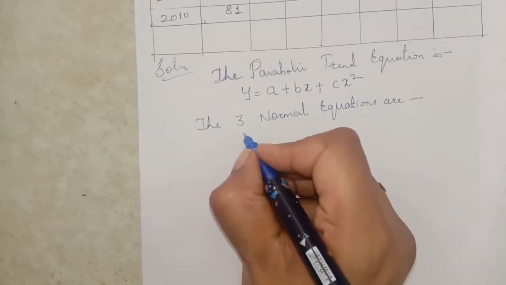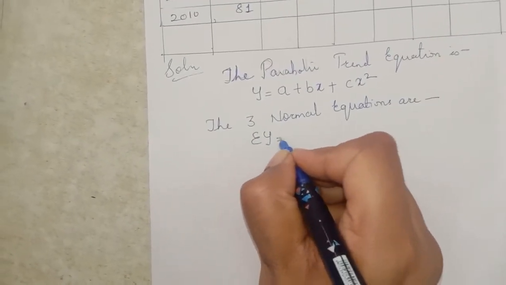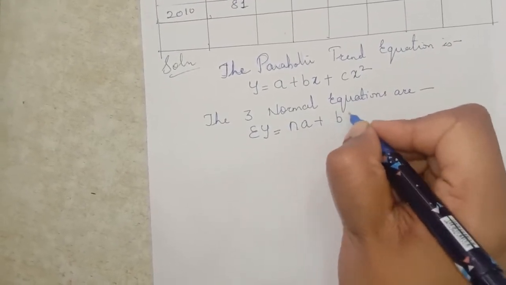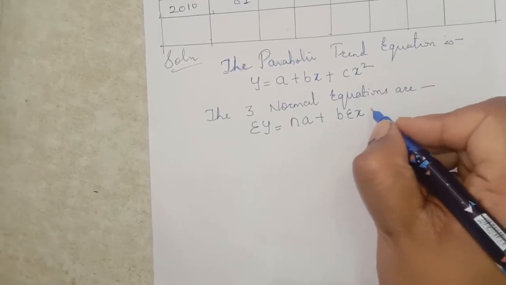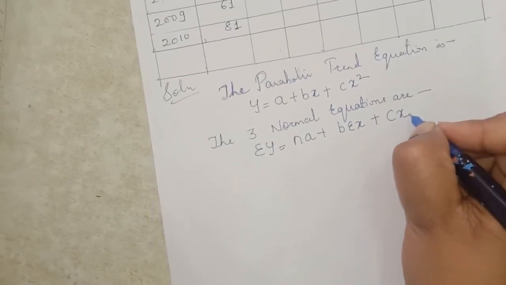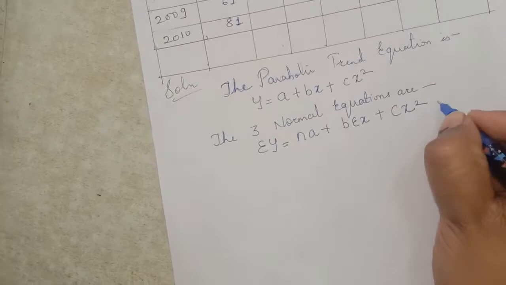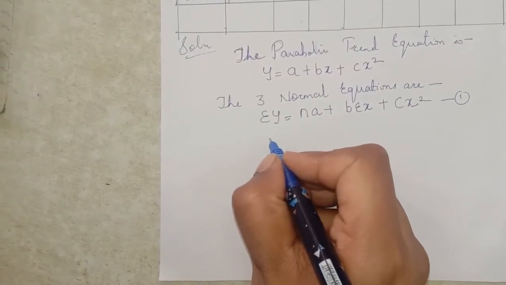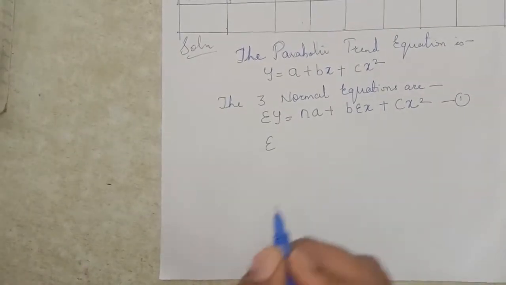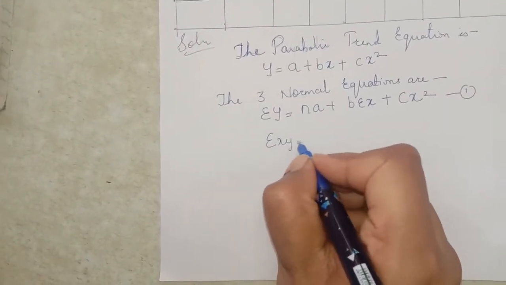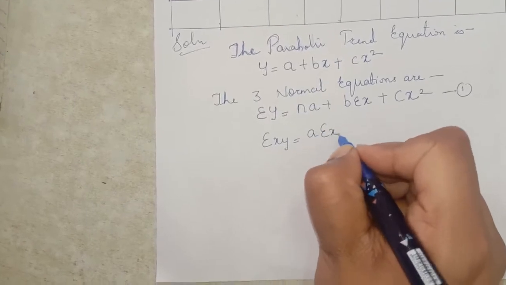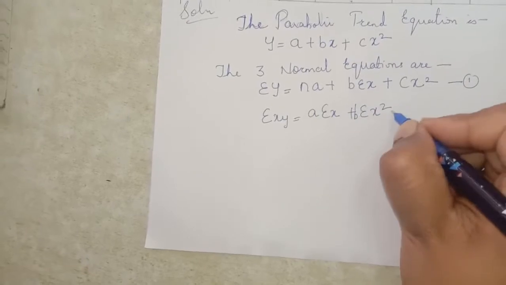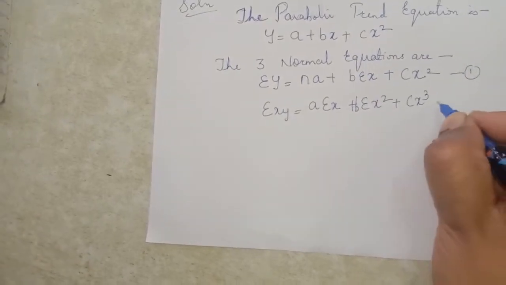First normal equation is summation y is equal to na plus b summation x plus c summation x square. Second normal equation, summation xy is equal to a summation x plus b summation x square plus c summation x cube.